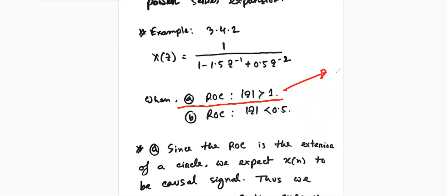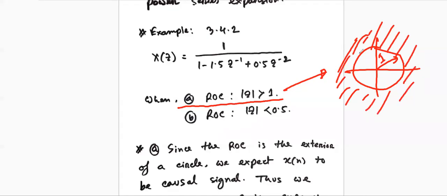The ROC is interior or exterior? By representing this ROC, |z| is greater than 1. Yes, right-sided sequence? Yes, thank you. That means this is exterior, this is 1, and more than that.